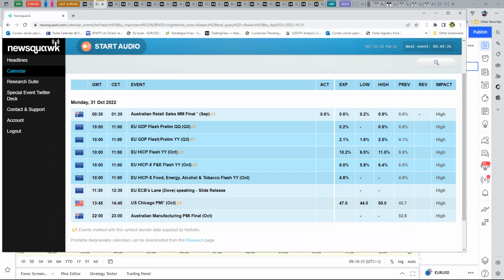We had already the French, the German, and everything. So nothing really important here, but we should see everything in line because they have already done the consolidation on that. So perhaps some little changes, but I don't think we should have a big surprise there. And then we have Lane speaking a little bit later this morning.